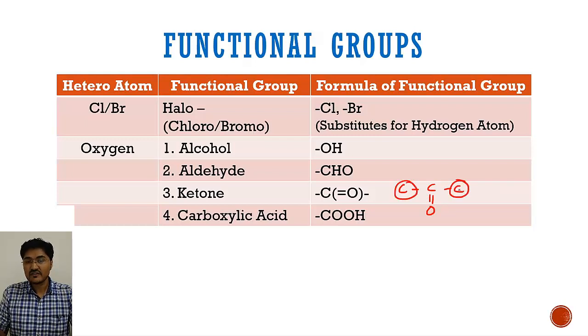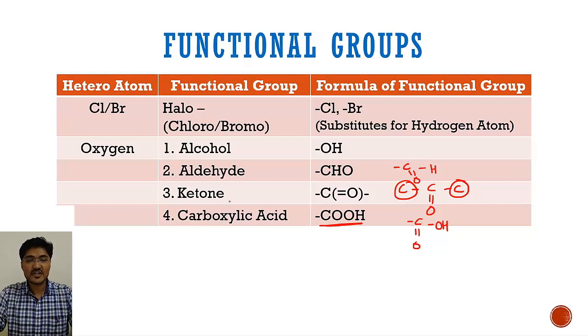In case we have used this carbon with hydrogen, then we get aldehyde, and when we replace this carbon with an OH group, then we get carboxylic acids. So these are 5 functional groups that we are going to study in this chapter.